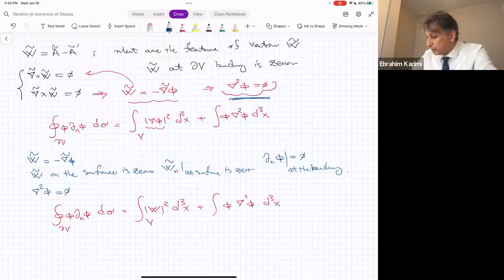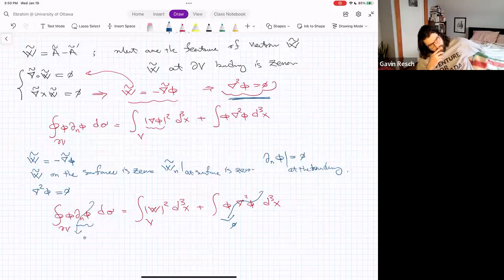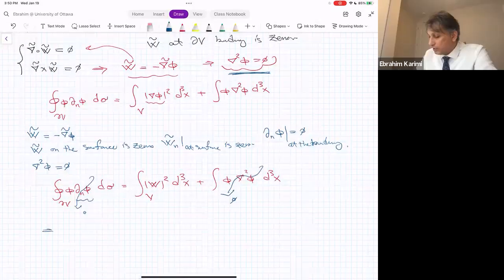What is the Laplacian of phi? It's 0. All right. What is the gradient of phi at the surface, or the gradient of phi in the direction of n? It's again 0. So at the end, we deal with this equation that integral of W squared d3x on a volume of V is 0.